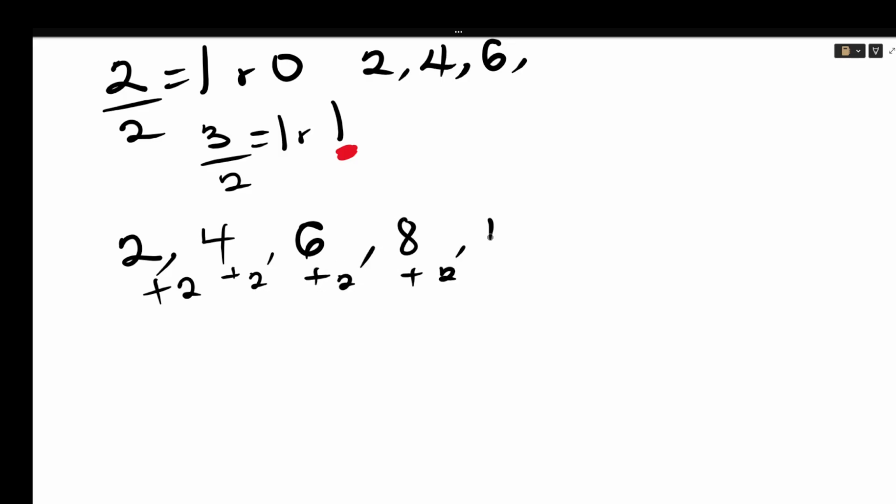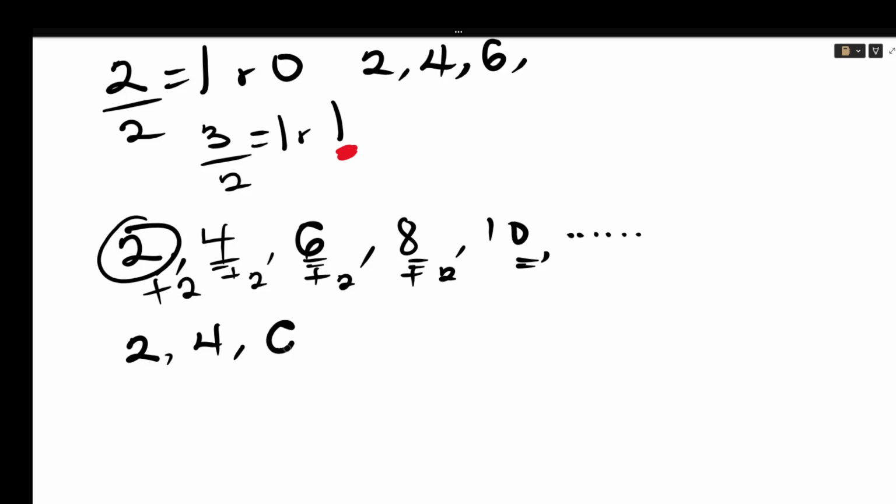Plus 2, which should give me 10, and so on and so forth. So even numbers begin from 2 with an increment of 2 to fetch the remaining numbers. So you could see you have 2 plus 2, 4, plus 2, 6, plus 2, 8, plus 2, 10, plus 2, 12, and so on and so forth.